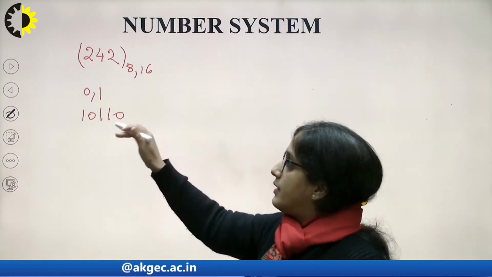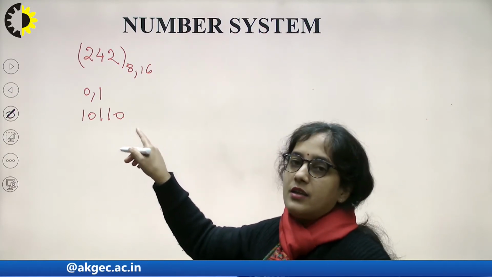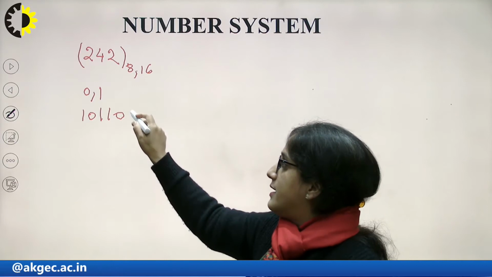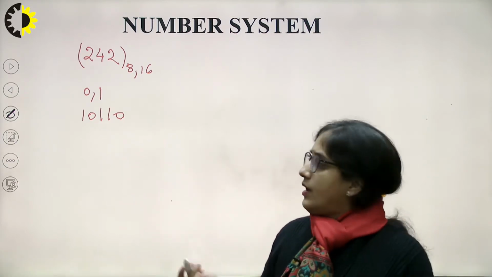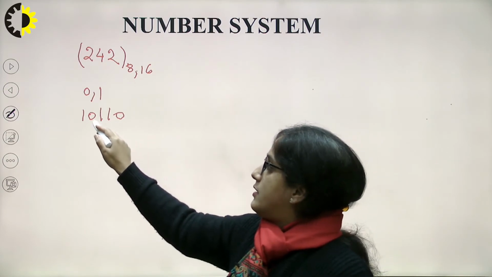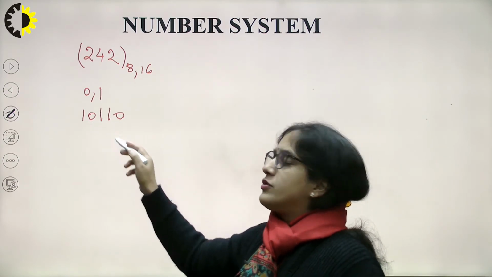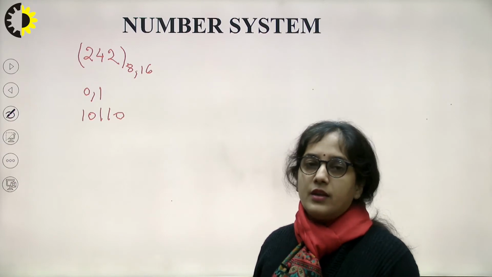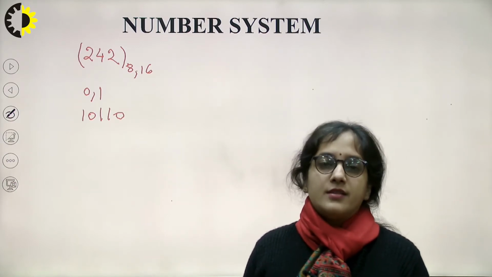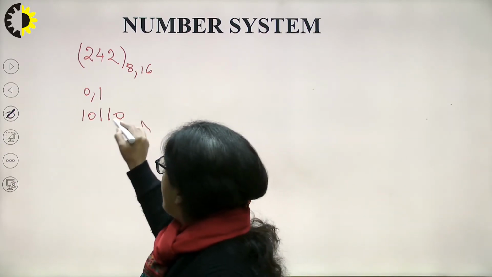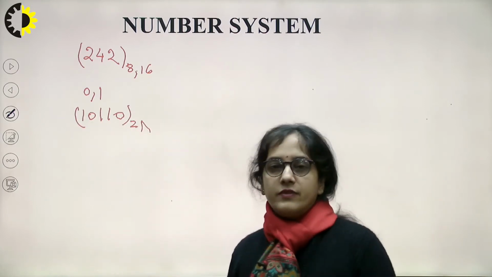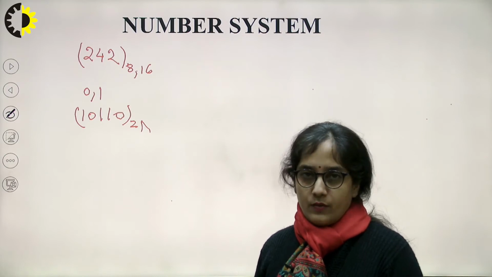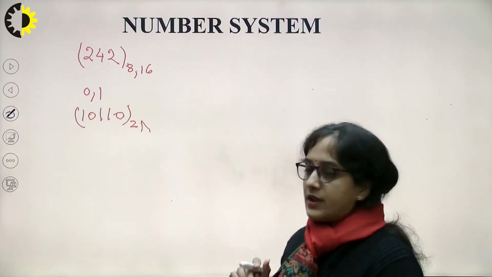You can read it as units, tens, hundreds, thousands, ten thousands, that is 10,110, if we go with the normal decimal number system. But if I mention a base 2 here, then it is a binary number. Now we need to convert this number.